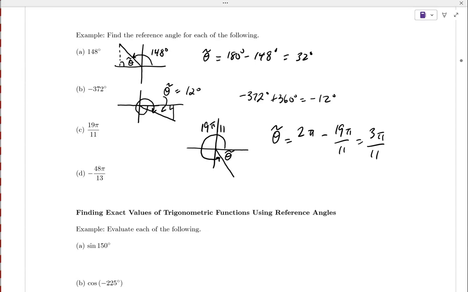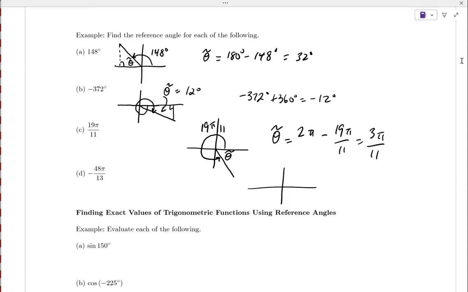Let's do this next one. I'm not sure the next one illustrates what I wanted to do, but that's okay. We'll talk about the other one here in a second. Negative 48 pi over 13. Big number. All right. So first, start on the positive x-axis. Do we want to go up or down? Down. Good. All the way around is 2 pi.